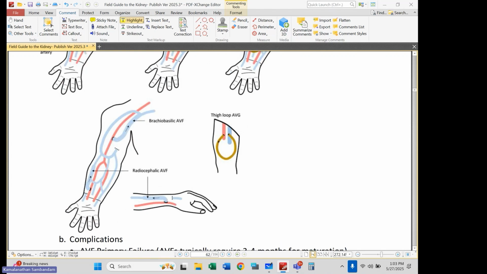Okay, now you can also see some people having interesting places to access their fistula as they're using these perforating veins to create these non-incisional fistulas that are made percutaneously. Sometimes you can create fistulas with some of these inner arm veins as well, okay?